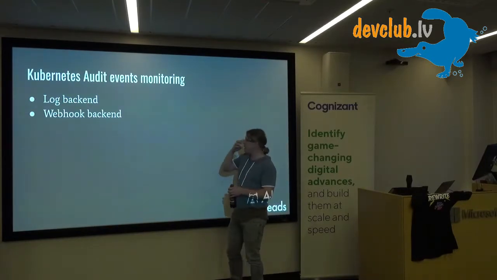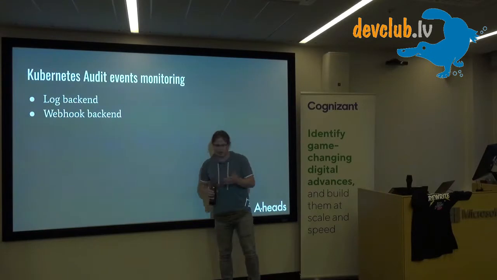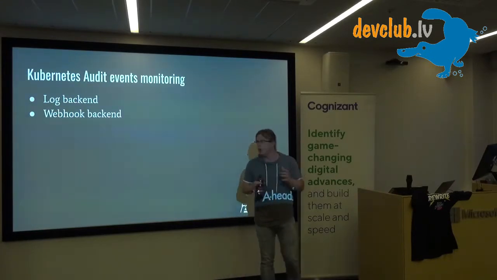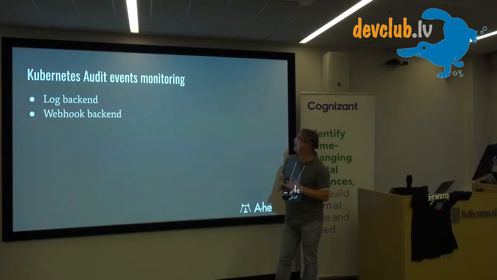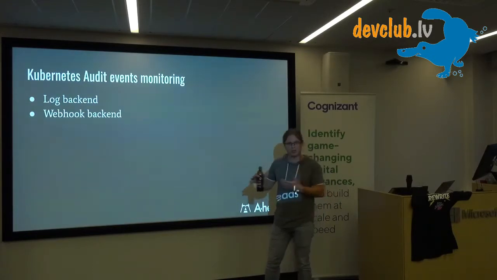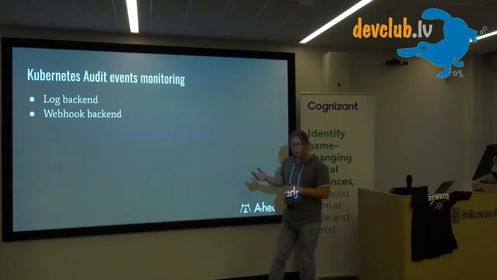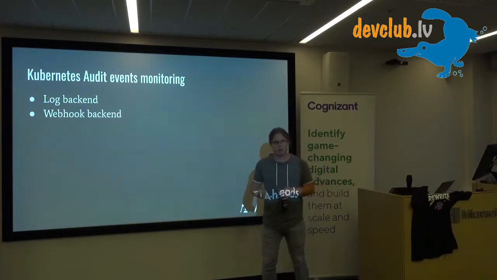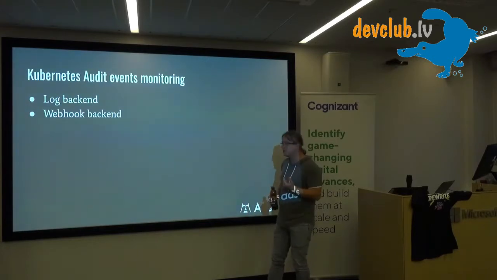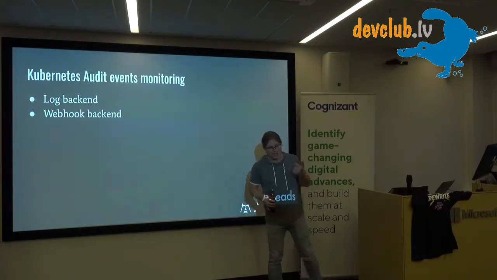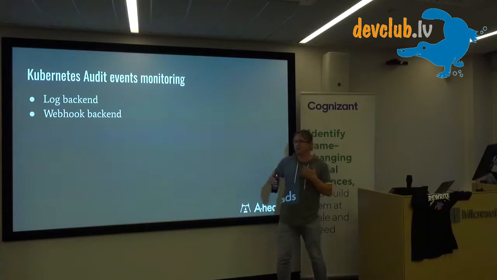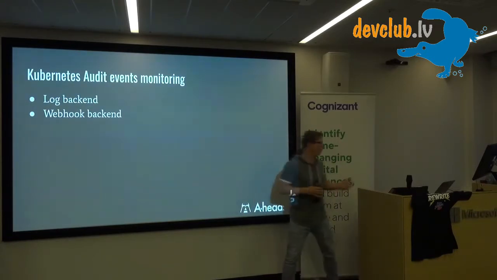The second one is a webhook backend that can send all these Kubernetes audit events as JSON to some HTTP URL. Falco has a web server inside that can accept these Kubernetes audit JSON events and then evaluate them against the expressions that you define in Falco, right?